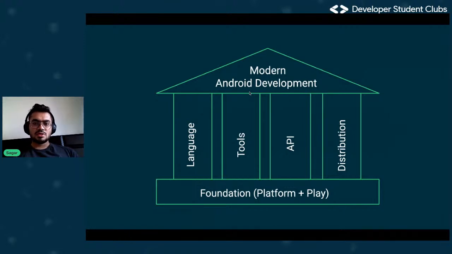And these pillars sit on top of a foundation, which is your platform itself, the Android platform, and the Play Store where you deploy your app. So you still need the foundation, you still need the framework, and on top of that, the language, tools, APIs, and distribution, which will allow you to create scalable applications.